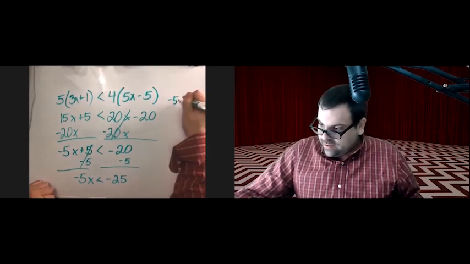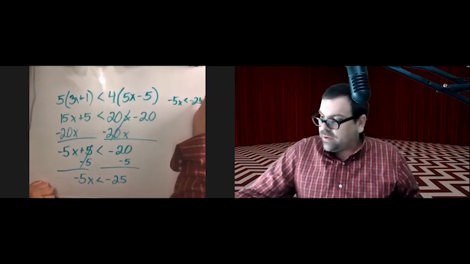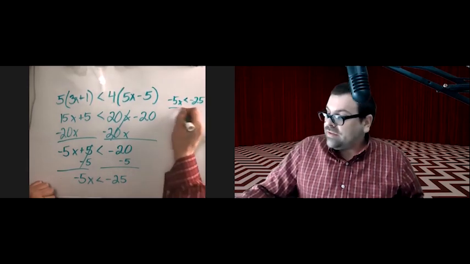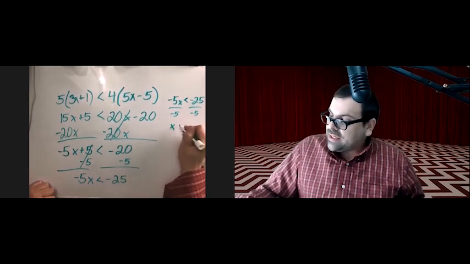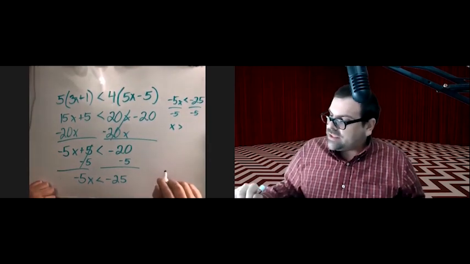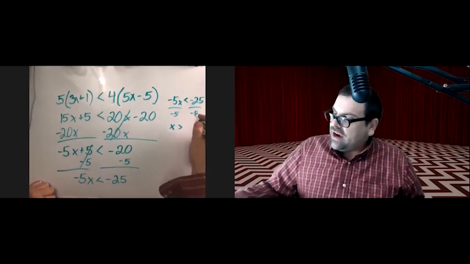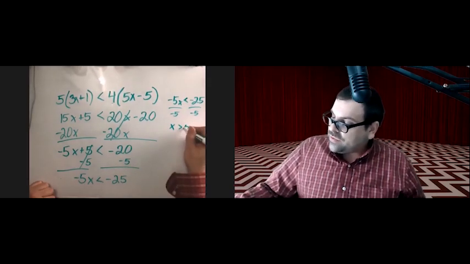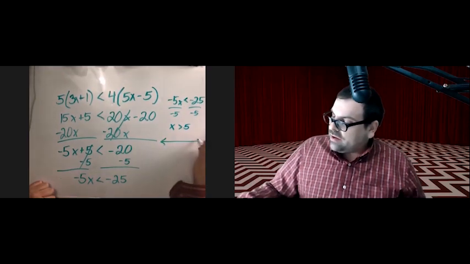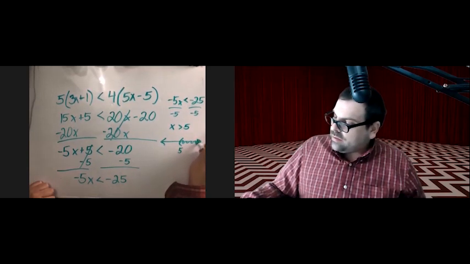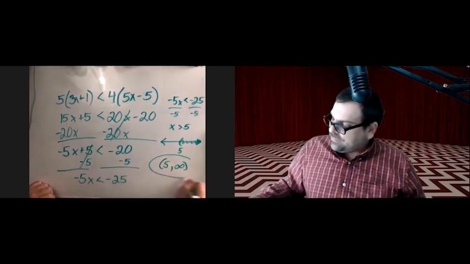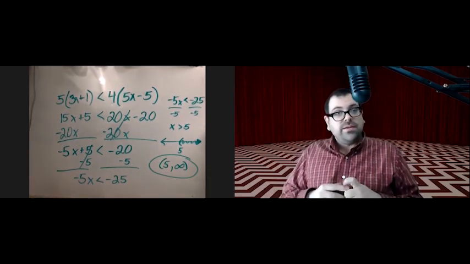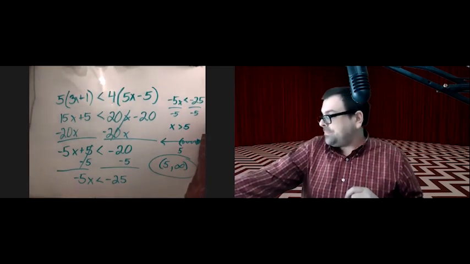And from there, I'm going to divide both sides by -5. Leaves me with x is greater than, because that flips the sign. Negative divided by negative is positive. 25 divided by 5 is 5. 5 to infinity inside parentheses.